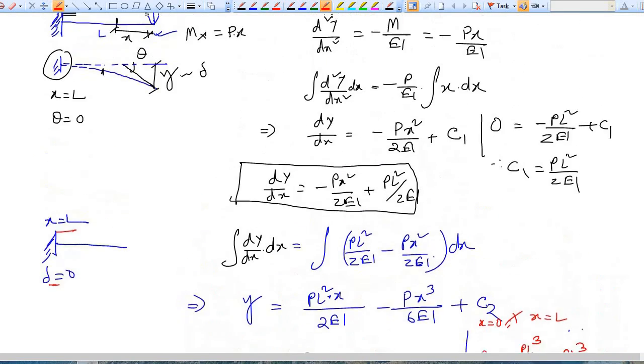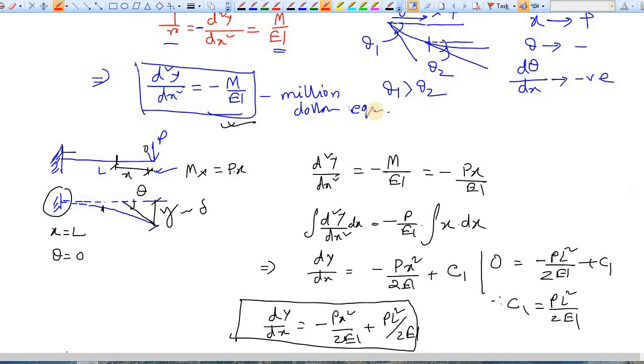And here one more thing, the moment caused by a point load on a cantilever beam is hogging in nature. That means tension at top, compression at bottom. So you also have to consider this sign convention for moment, which we have not.